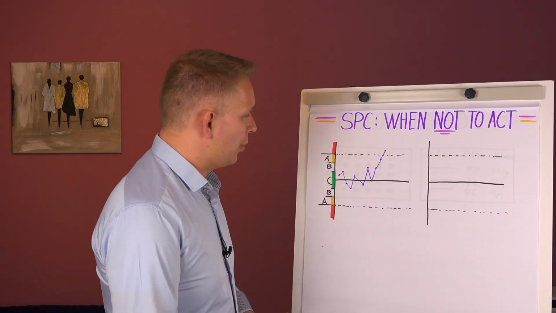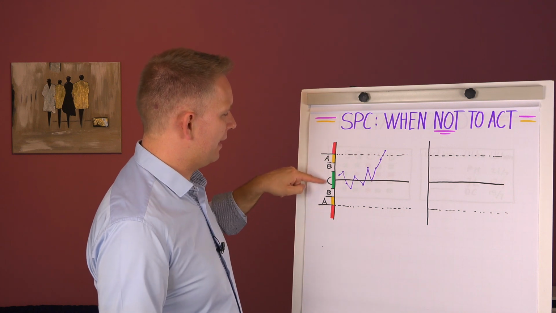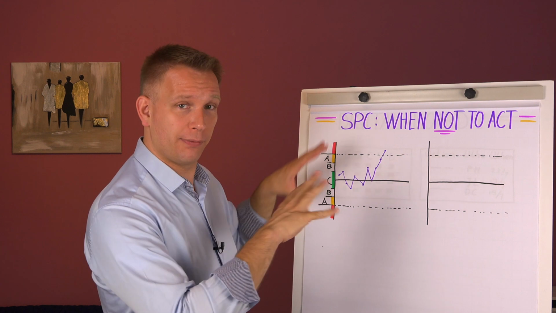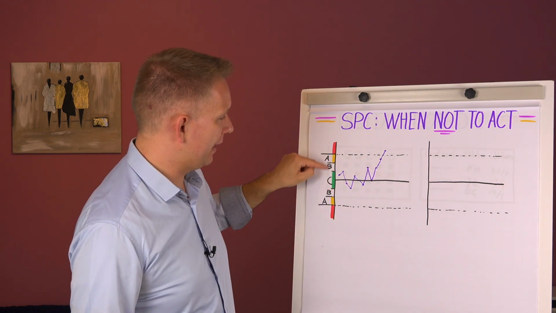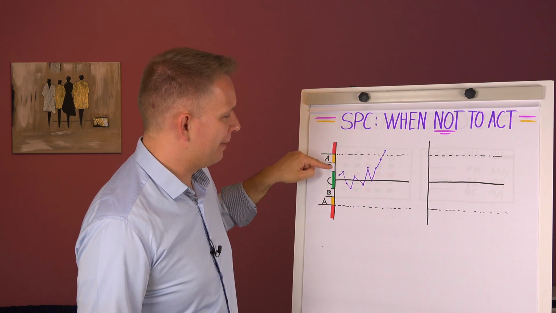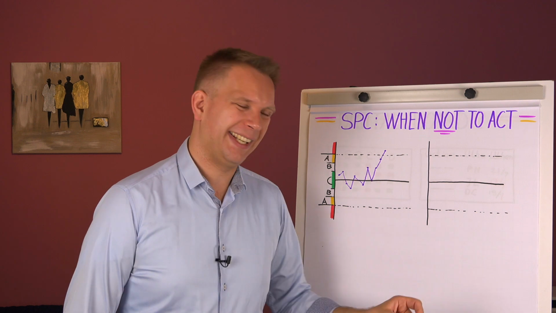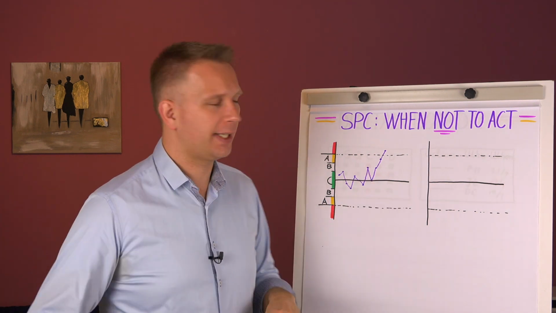Now, it's usually put here as A, B, and C areas. You will see, by the way, if you Google this with the colors in, most people will put the red here in A and then the yellow or the orange in B. I don't really like that because red to me says immediately act. It is outside of the control limits. That is when you immediately act.